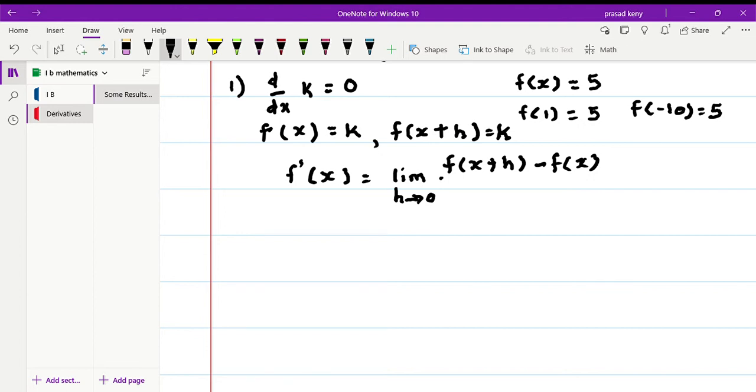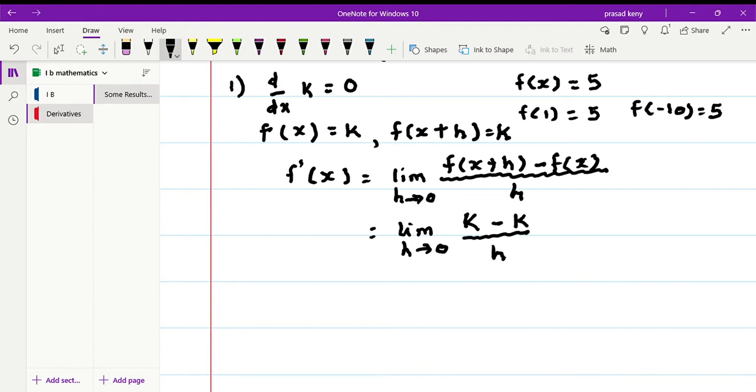upon h, which is limit as h tends to 0. Now f of x plus h is k, minus f(x) is also k, upon h.